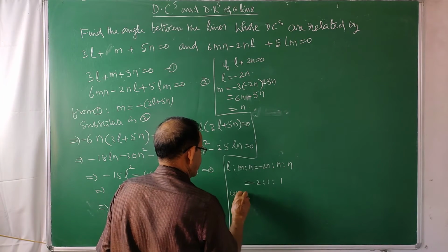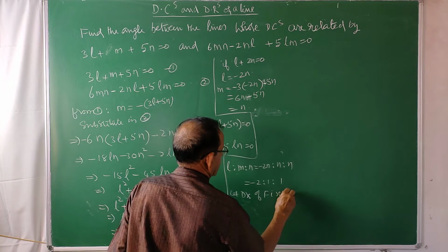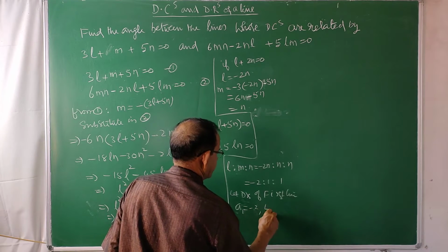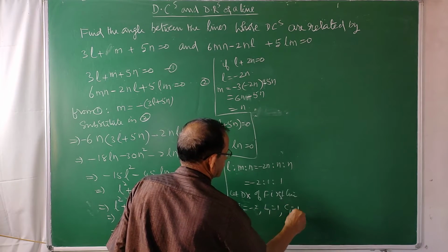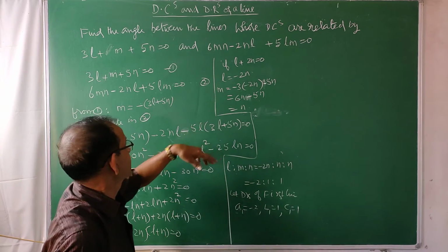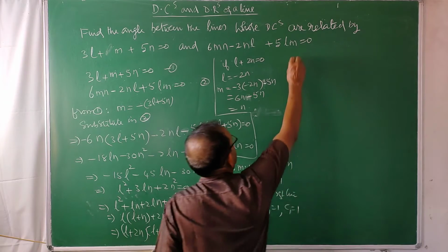Let DRs of first line be A1 is equal to minus 2, B1 is equal to 1, C1 is equal to 1. Similarly, I have to find out A2, B2, C2 for the second line by using this condition, if L plus N is equal to 0.